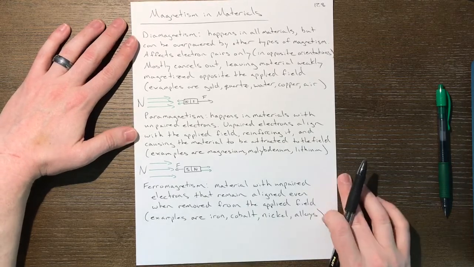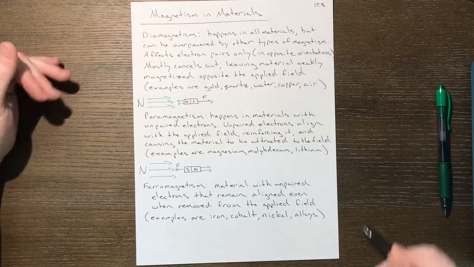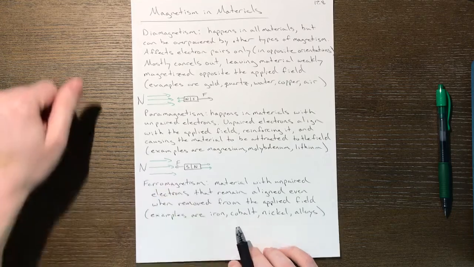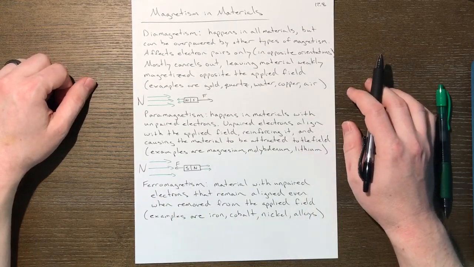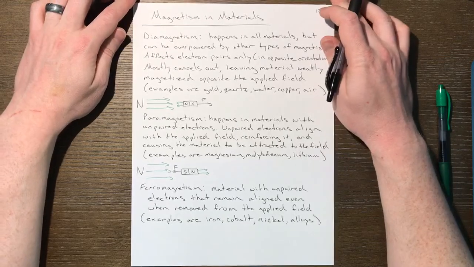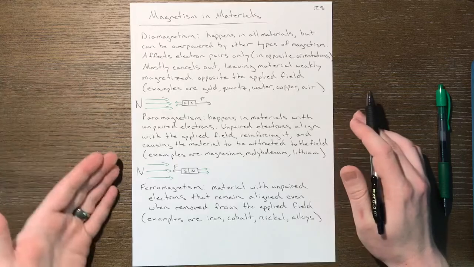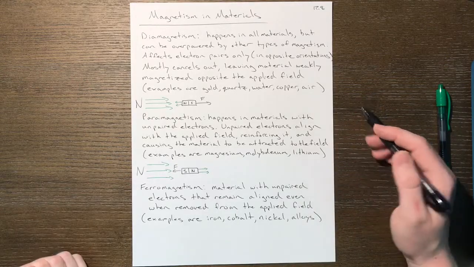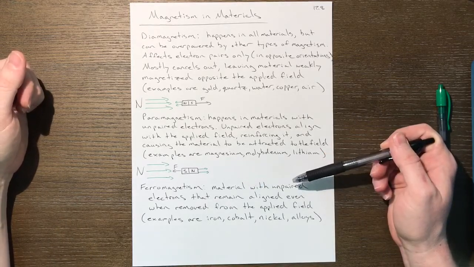Lastly, we'll talk about ferromagnetism. Now, ferromagnetism is that which you are probably most familiar with. That prefix, ferro, comes from ferrous, which actually refers to iron. Remember I mentioned when we were talking about lodestones how iron is a special material? Well, things that are like iron, or things that have ferromagnetism, are also materials with unpaired electrons.